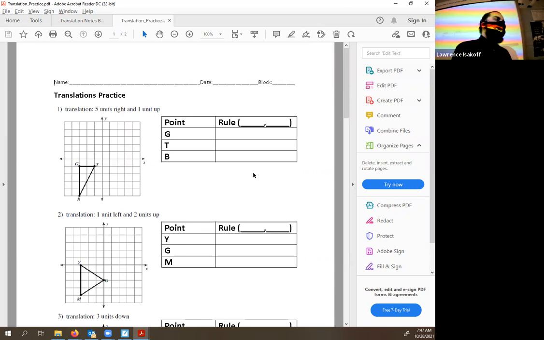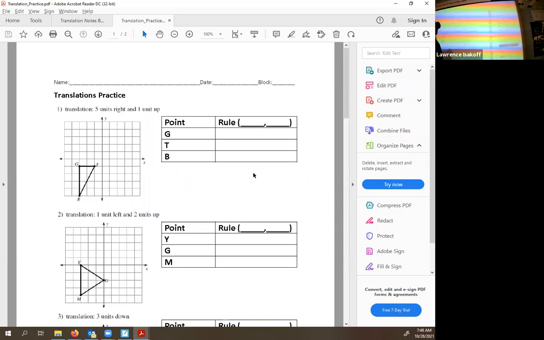Now, here's the cool part about this. Say you don't like doing it that way. What you could do is count from each point, be like, oh, go right 5, 1, 2, 3, 4, 5, up 1, and plot your new point. And you could just write that new point over here.